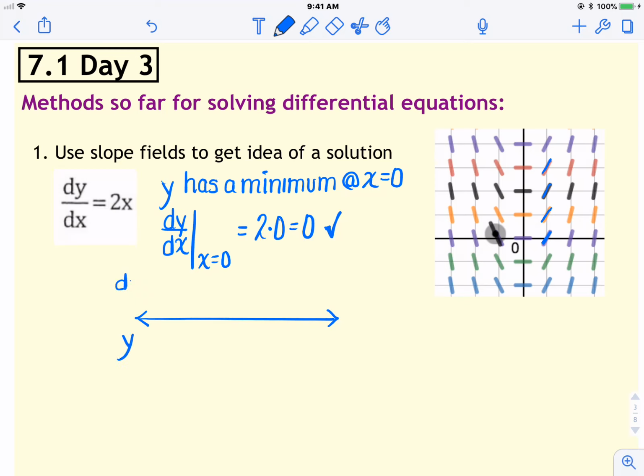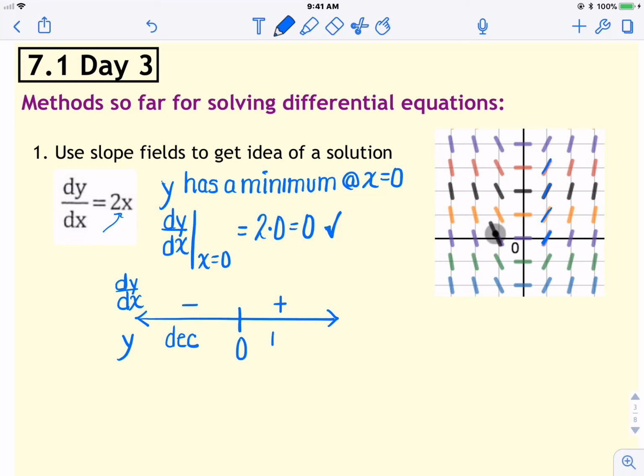So my dy/dx information is that when x is 0, I have 0 slope. However, when x's are negative and I plug them into 2x, I get negative slopes, so my y function is decreasing before 0. And when I put positive x's in, I get a positive dy/dx value.